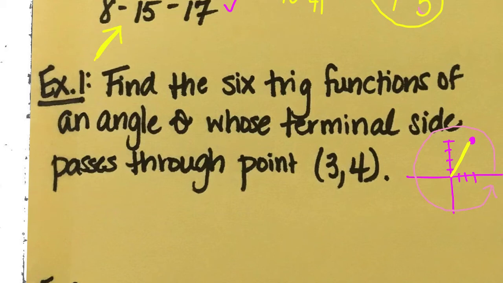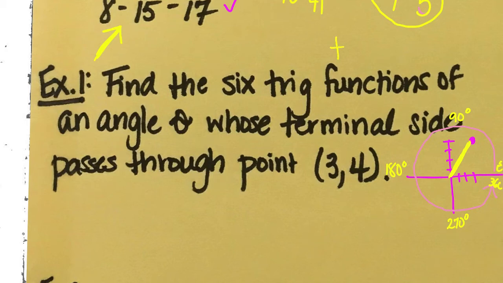So notice that I just traveled counterclockwise, where this is 0 degrees, this is 90 degrees, this is 180 degrees, 270, and back around is 360 degrees.